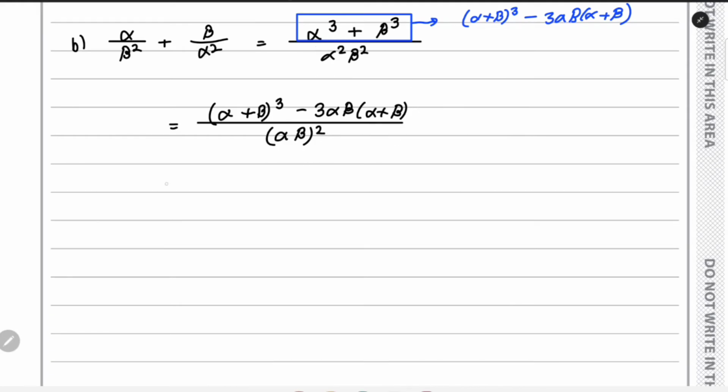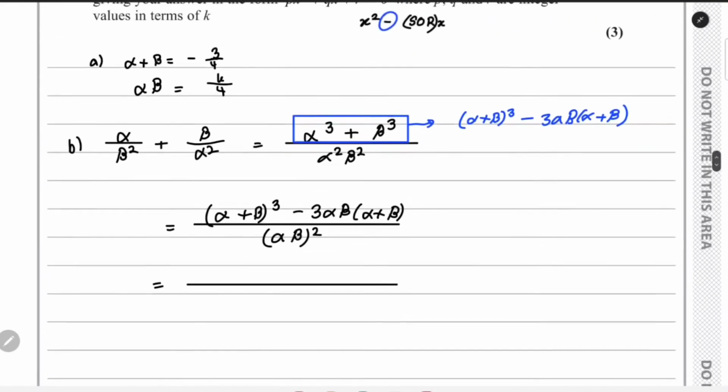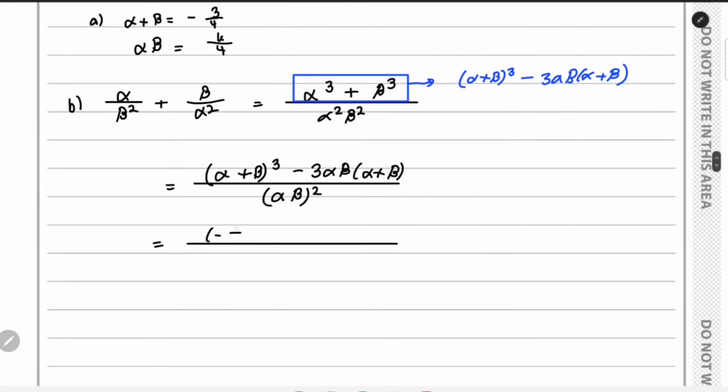Now I'll just place the known values of alpha plus beta and alpha beta. I'll have minus 3 by 4 cube minus 3 times k by 4 times minus 3 by 4, divided by k by 4 square.